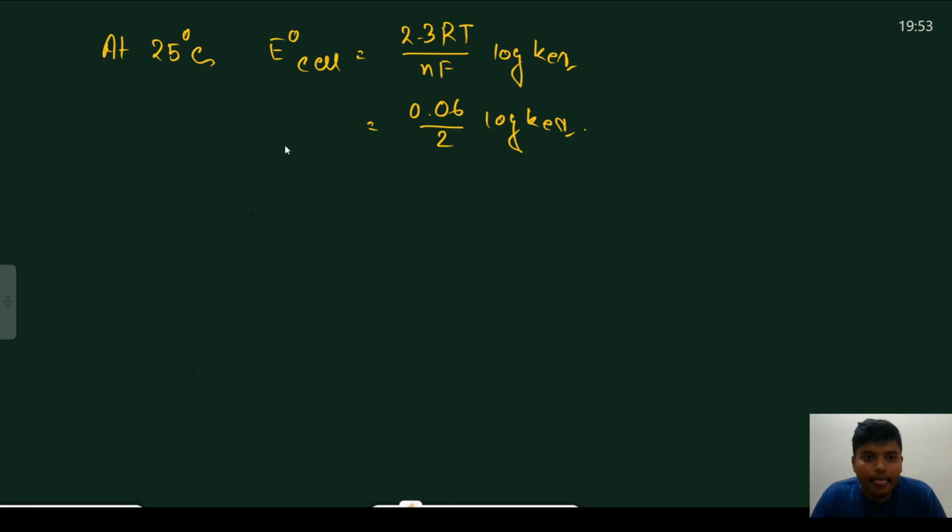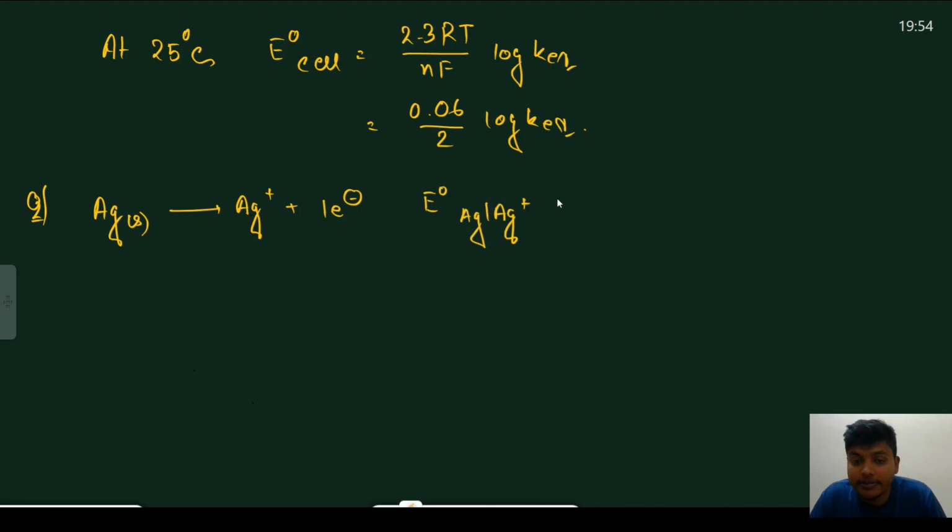Clear? So I'm giving a question. Let's see. Silver solid is there, and it is dissociating into silver plus and 1 electron. E naught cell value given for silver to silver plus, this reaction value given, minus 0.8.